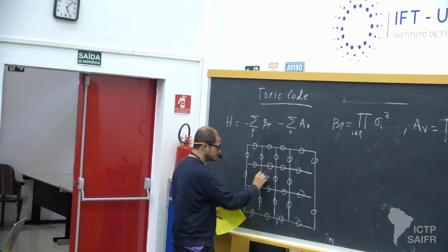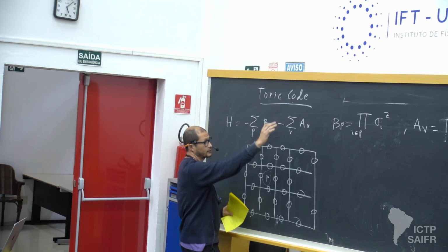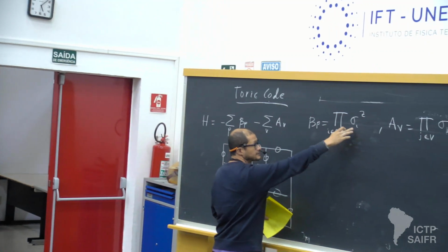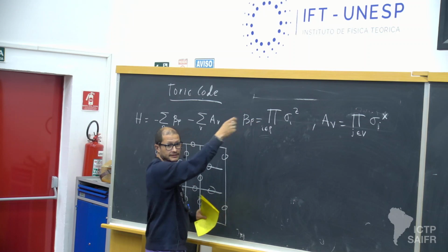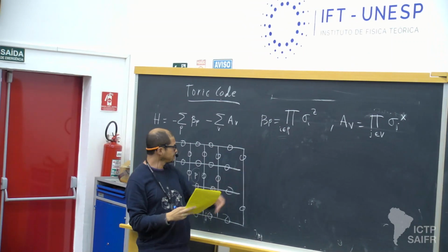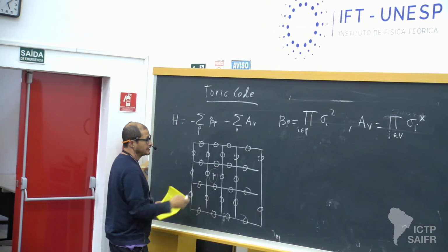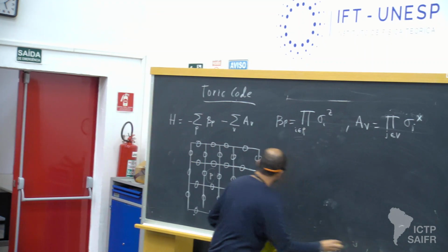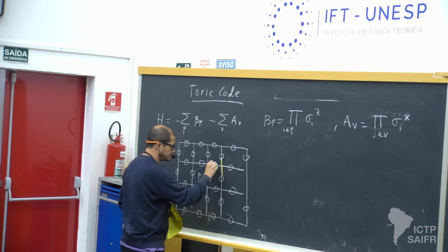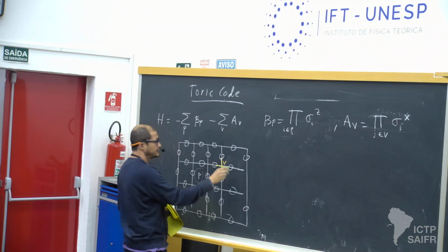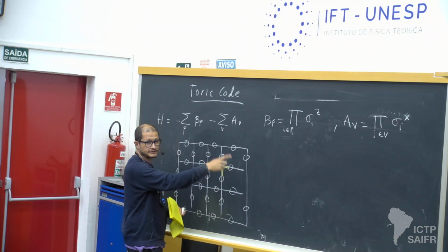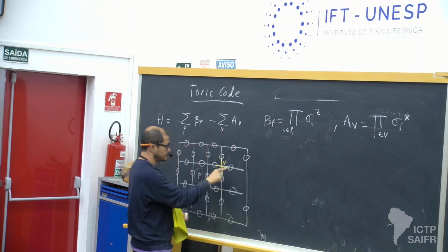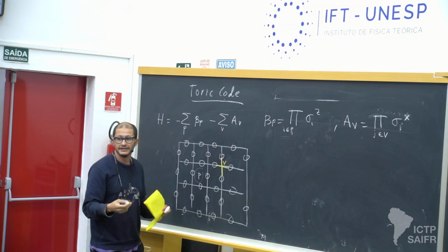So when I say there's a product over the spin operators on the plaquette, we mean these 4. And when we say there's a vertex V, the 4 operators I mean are those here. Okay.